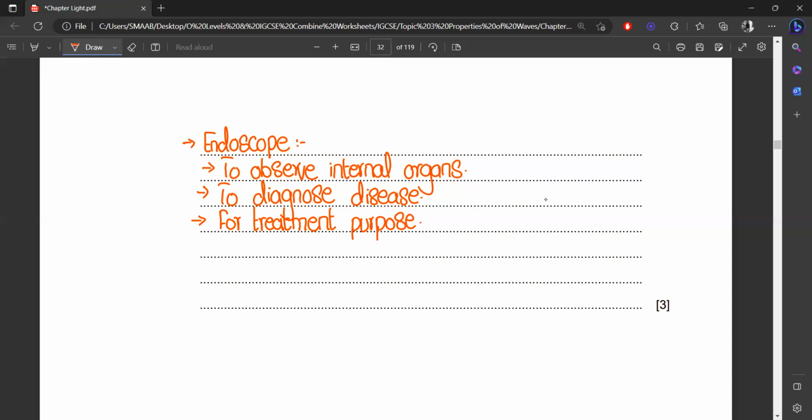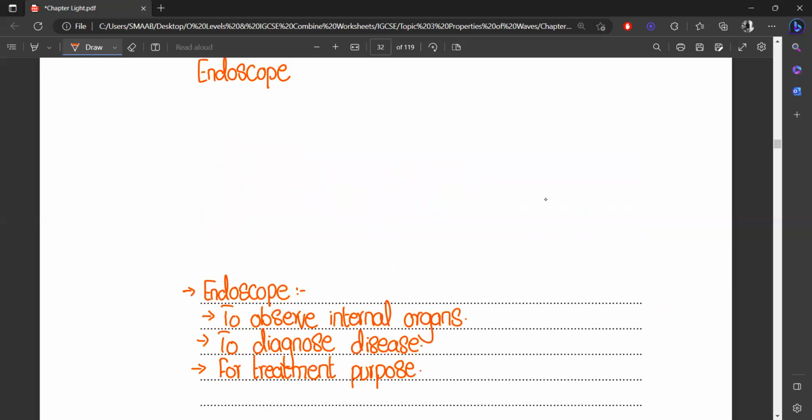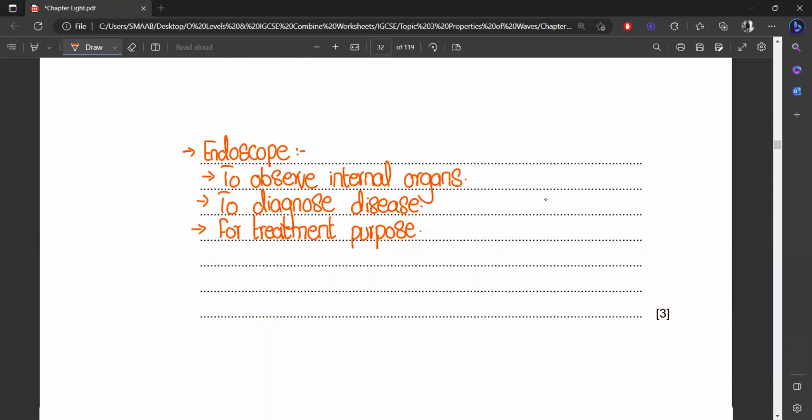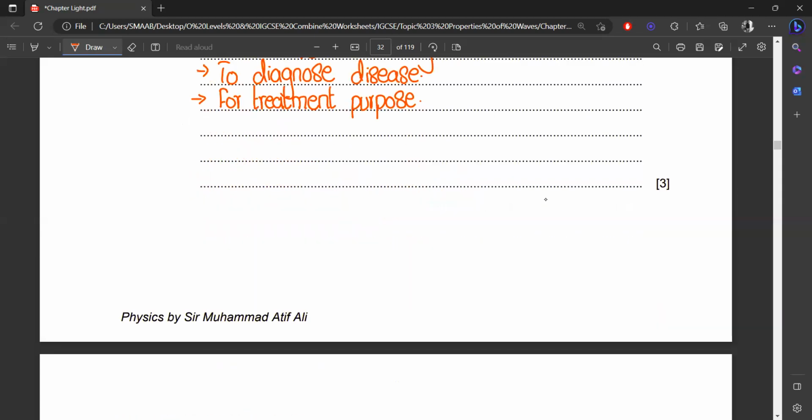And all the explanation is already written in our notebook or in the textbook. So you may write any one use or multiple uses of the endoscope, right?